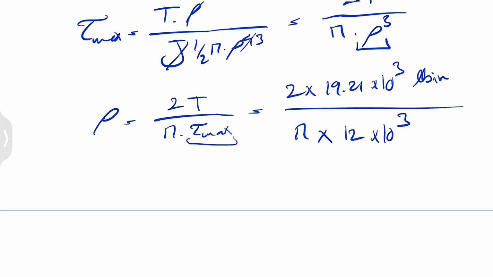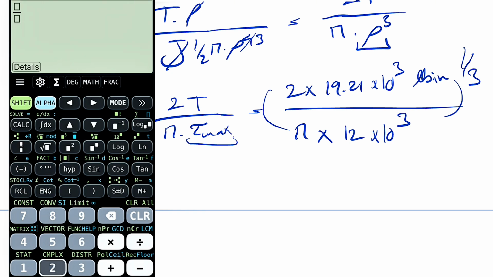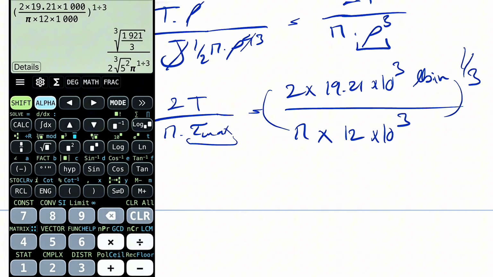So basically our rho would be this value to the power of 1 over 3. Let's see what we get: 2 times 9.21 times 1000 over pi times 12 times 1000, and the whole thing to the 1 divided by 3.